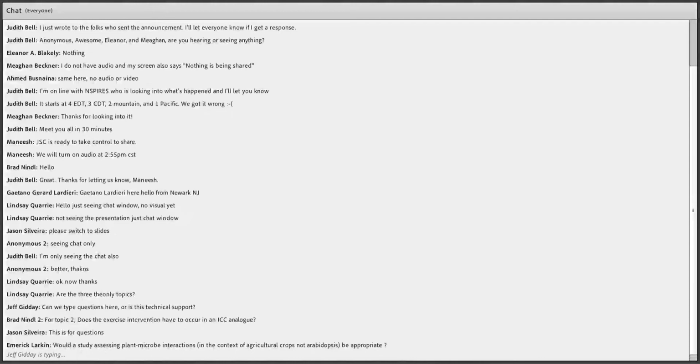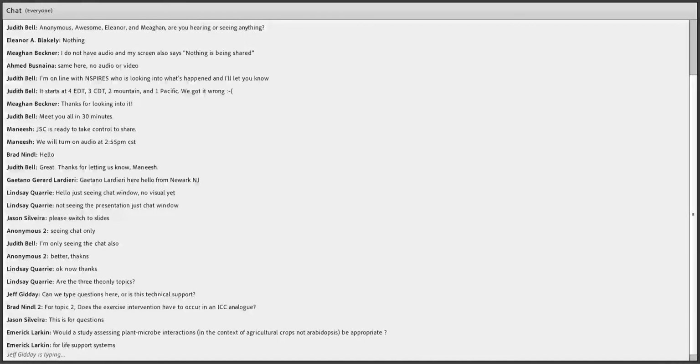So the first question I see for topic 2, does the exercise intervention have to occur in an IC analog? It's preferred, but we will entertain any justifiable proposal. The preference is that it's adaptable to the space station at some point, or to follow-on missions.